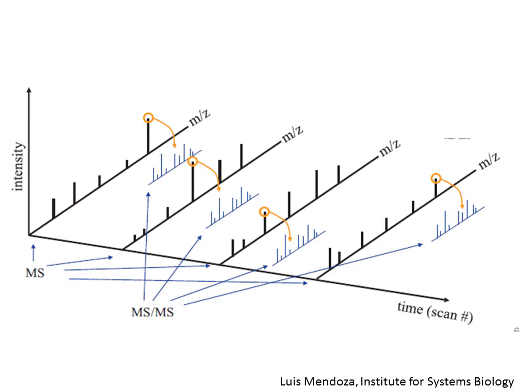So the mass spectrometer is continuously executing a sequence of scanning for intact peptide ions, selecting one of those ions, fragmenting it, and measuring the mass of the fragment, and then repeating that.